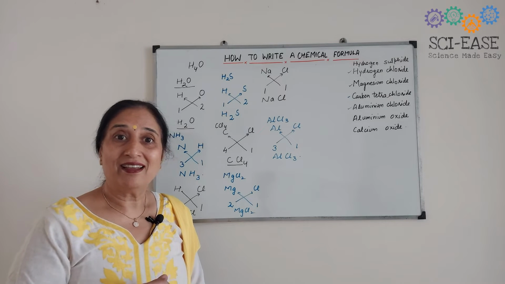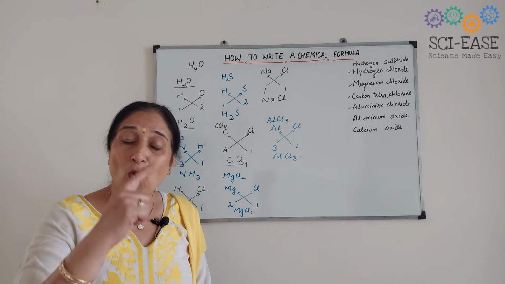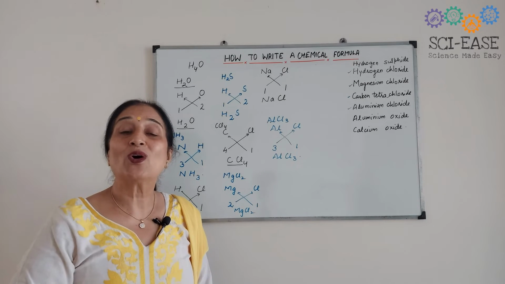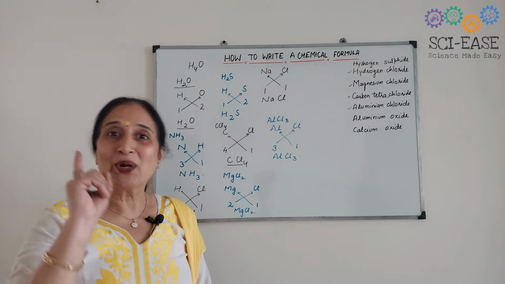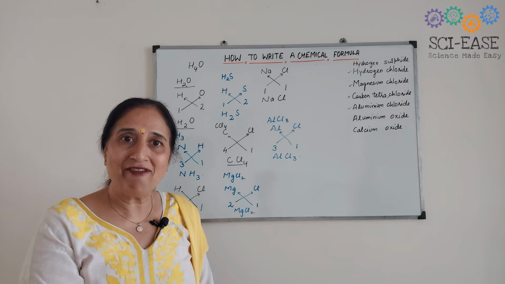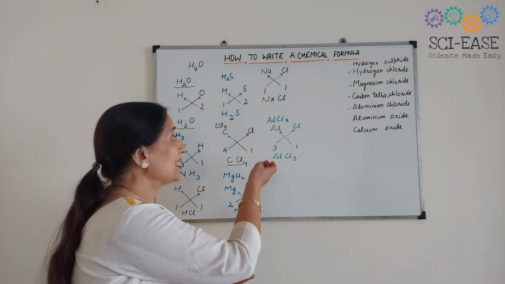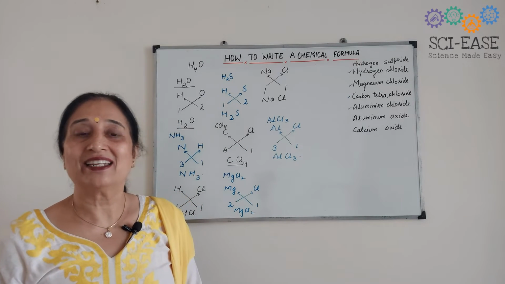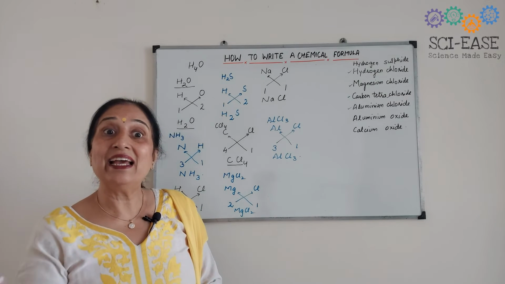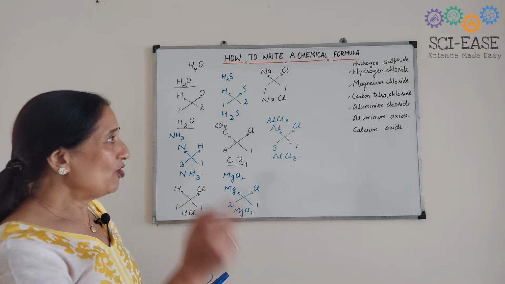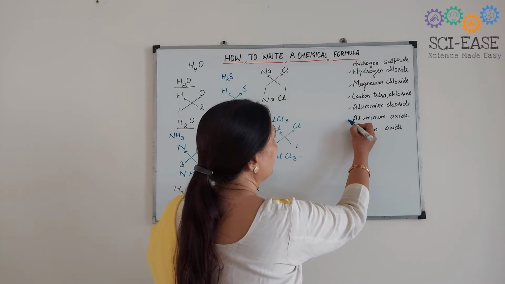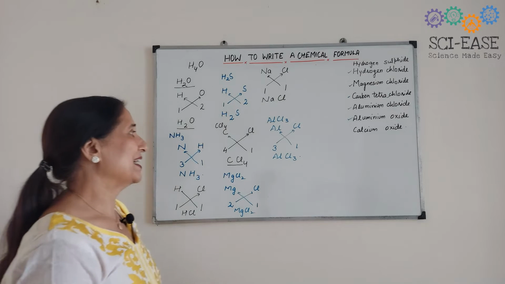You have seen that the formulae of all these chlorides are different. Why are they different? Because of their valency. Sodium is monovalent, magnesium or calcium is bivalent, and aluminium is trivalent. That is why it has the formula AlCl3.